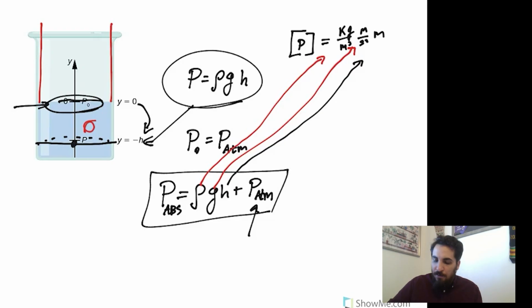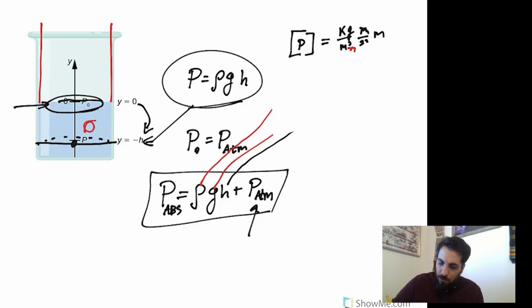We do some combining here. And what does this give us? Well, one of our meters is going to cancel out with one of our meters here. So that gives us kilogram meter per second squared times meter squared. And I'm intentionally not canceling out one of my units of meters here.